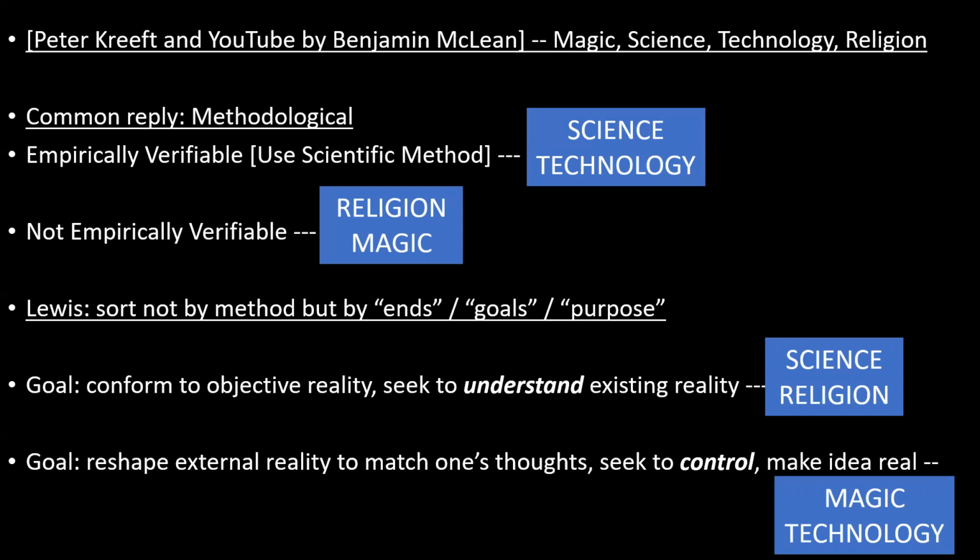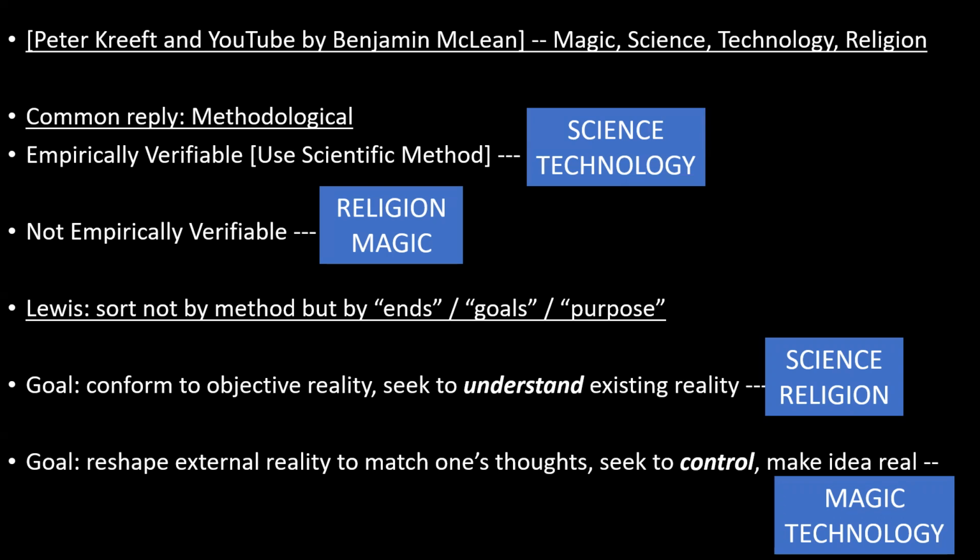Now, again, this grouping doesn't mean something's good or bad or right or wrong. The goal of magic, the goal of technology is to manipulate external reality, to seek to control something, particularly external reality.